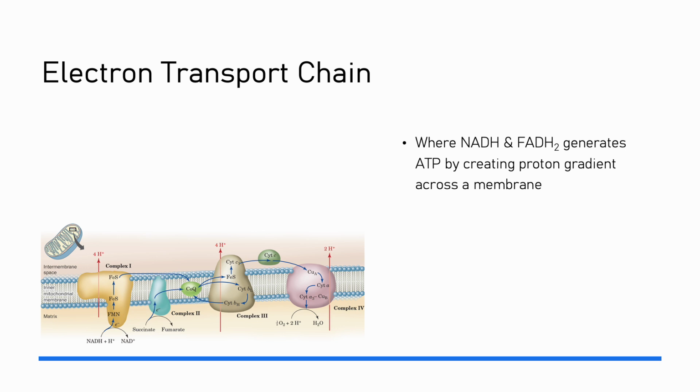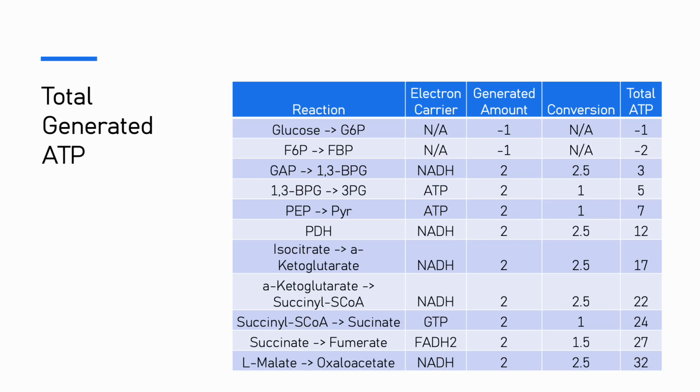And as you can see, there are no protons pushed through. Complex 3 ends up pushing through 4 protons, and then complex 4 pushes through another 2 protons. Altogether, with the different reactions that result in ATP being generated, and also when ATP is used, you end up with about 32 ATP from one glucose molecule.